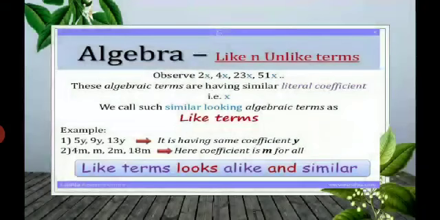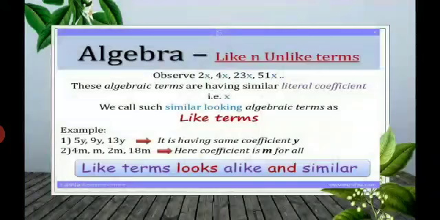Okay, now there are two kinds of terms, like and unlike. First I will tell you what a like term is. These algebraic expressions, like 2x, 4x, 23x, have similar literal coefficients. What is the literal coefficient over there? x. We call such similar looking algebraic terms like terms, because they have the same literal coefficient, which is x.